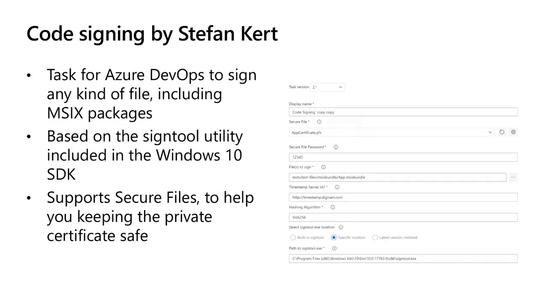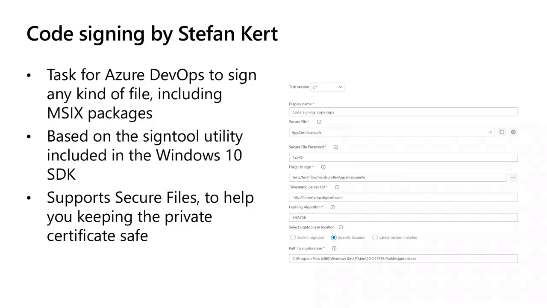The best practice to sign packages is to not use Visual Studio. Visual Studio offers you the option to sign the package as part of the build process, but to achieve this goal, you would need to upload the private certificate, the private key, to your repository.